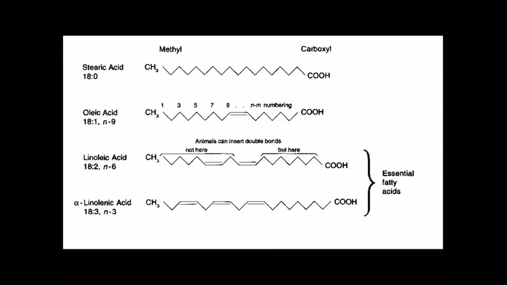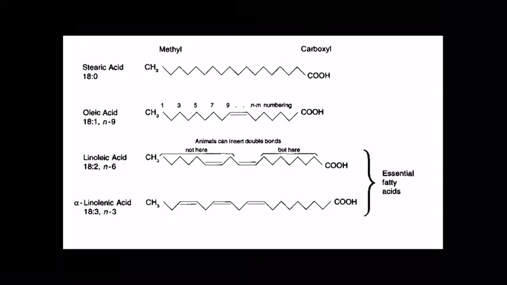Linoleic is 18 carbons long. It has two double covalent bonds. The first one is in the number 6 carbon position, so this is an omega 6 polyunsaturated fatty acid. Then the bottom one is alpha linolenic acid, which is 18 carbons long.